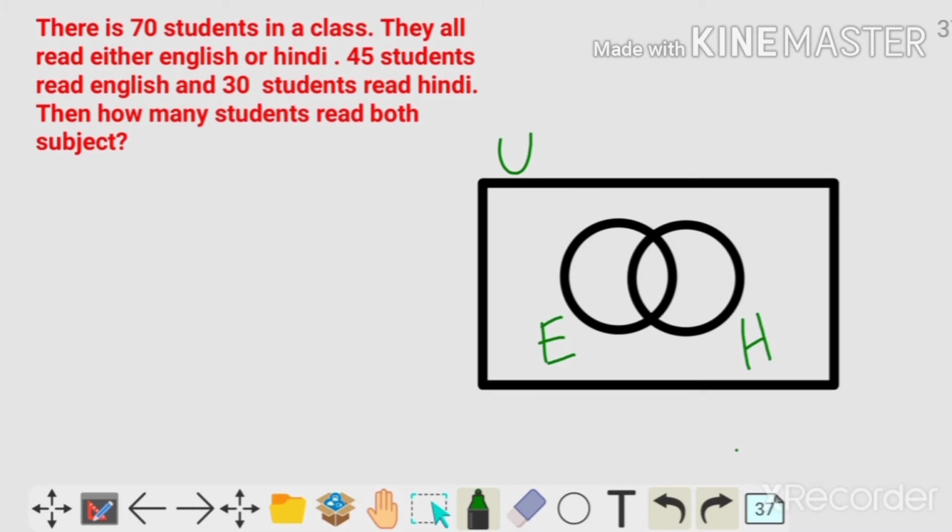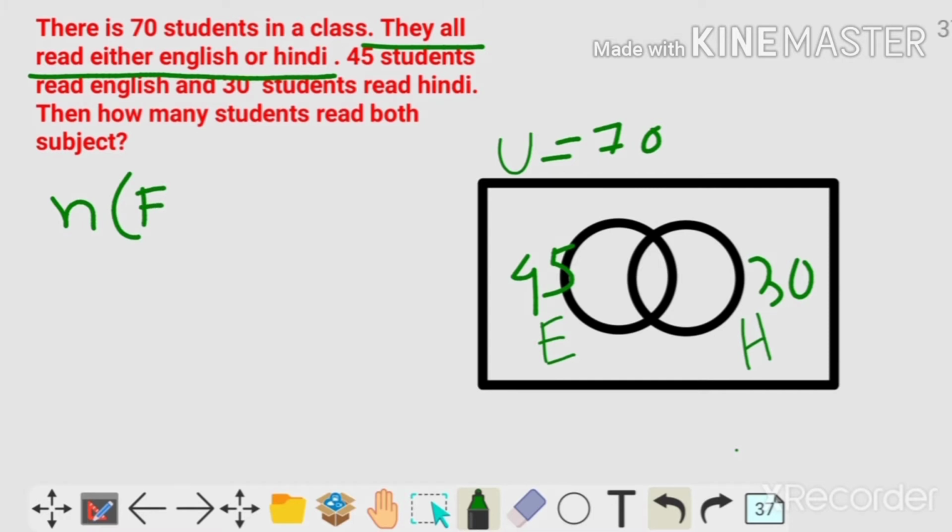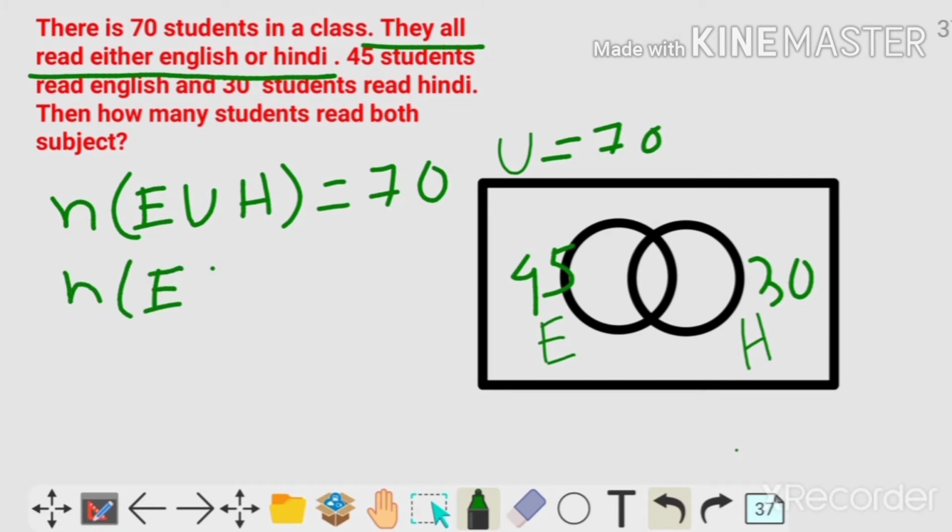U is equal to 70, E is equal to 45, H is equal to 30. Since they all read either English or Hindi, the number of E union H is also 70, and we have to evaluate the number of E intersection H.